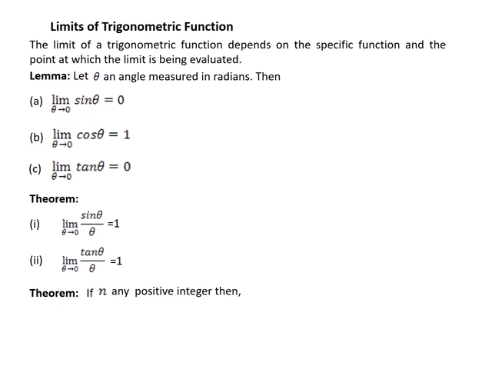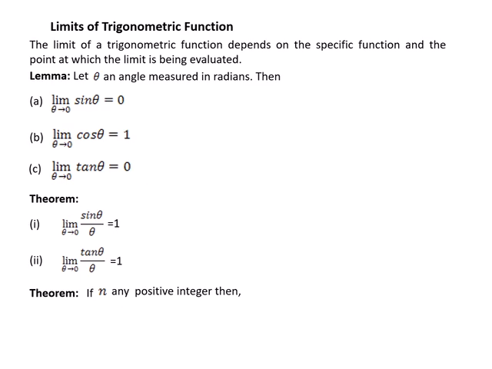Let theta be an angle measure. Then the limit of sin theta as theta tends to 0 is equal to 0. The limit of cos theta as theta tends to 0 is equal to 1. Then the limit of tan theta as theta tends to 0 is equal to 0.